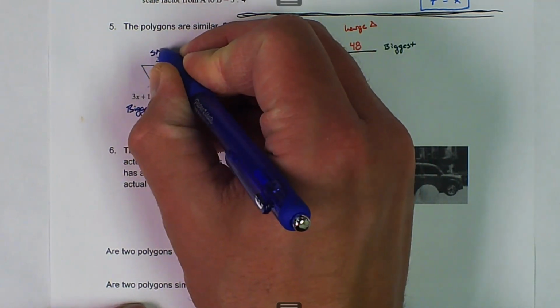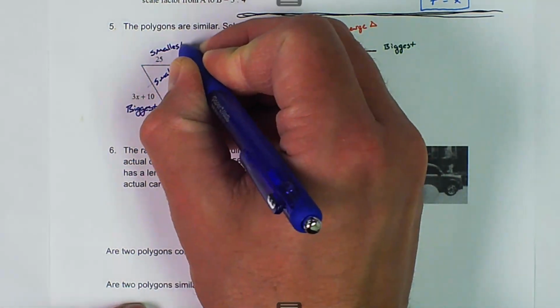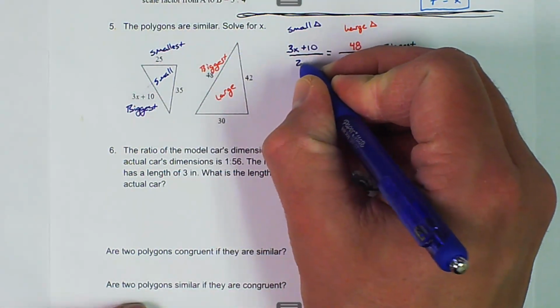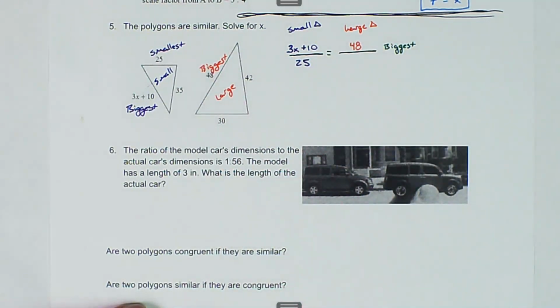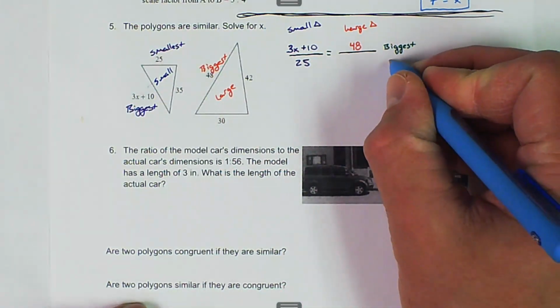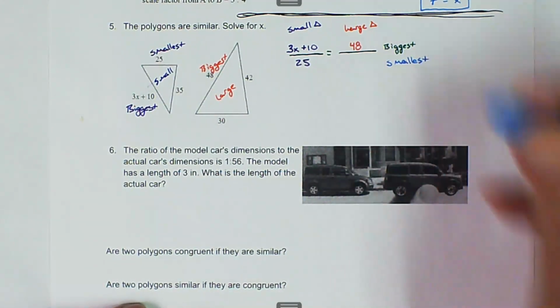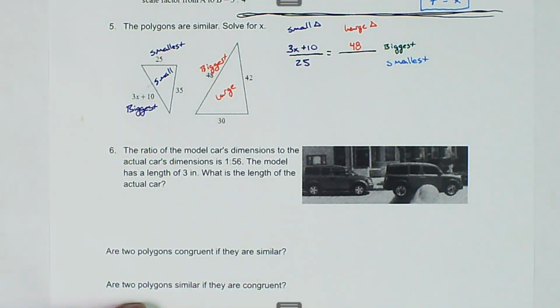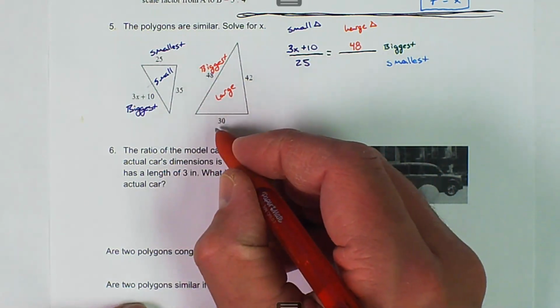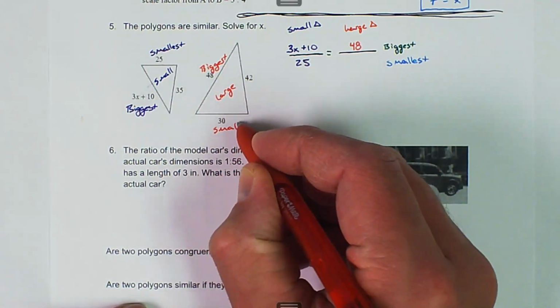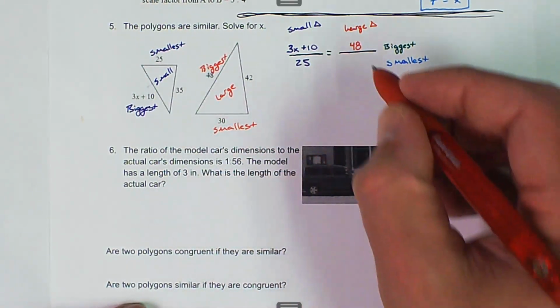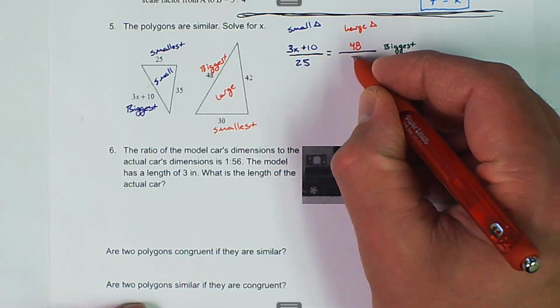So the smallest over here is 25. And so all the smallest information has to go in the denominator. And the smallest over here, so that is going to be 30.